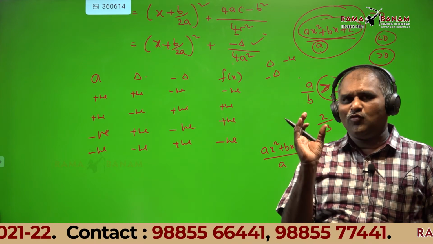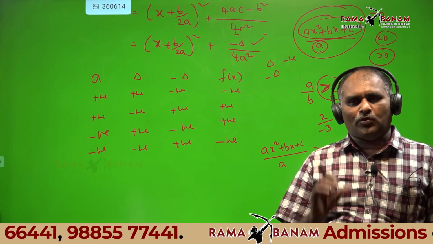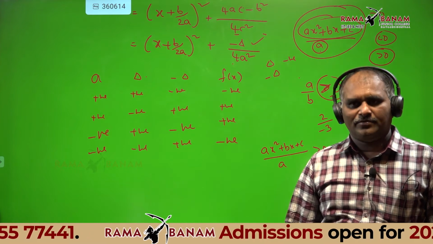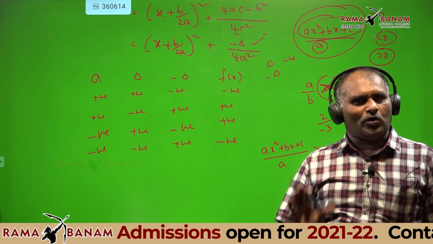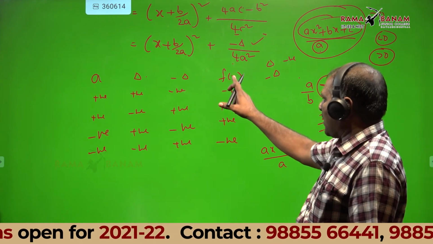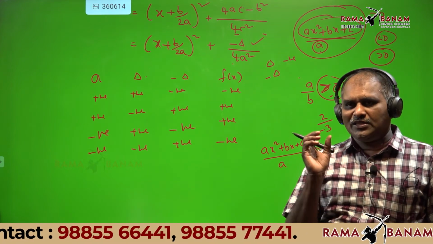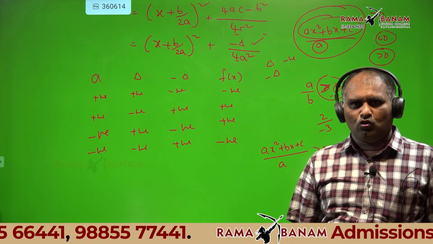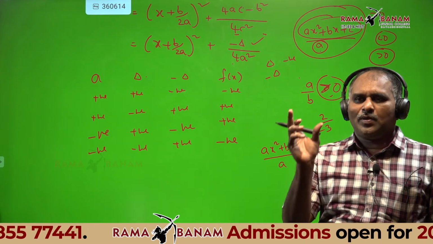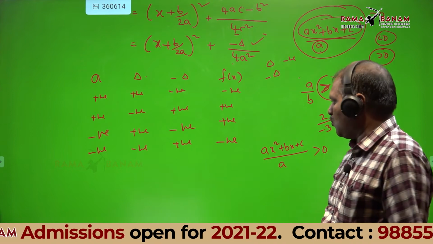Here internally one point will be there. Listen, internally one point will be there. What is that point? When the quadratic is negative, that is ax square plus bx plus c less than 0.